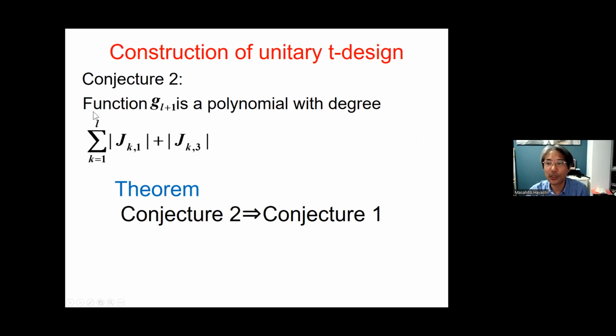So if we can prove this conjecture, then we can prove Conjecture 1. Because in order to prove Conjecture 1, essentially the problem is reduced to this Conjecture 2. In order to prove Conjecture 1, you need to discuss each matrix component, and each matrix component corresponds to this function. So in this way, it is enough to prove Conjecture 2. So now we have a problem: how can we tell whether this Conjecture 2 is true or not?